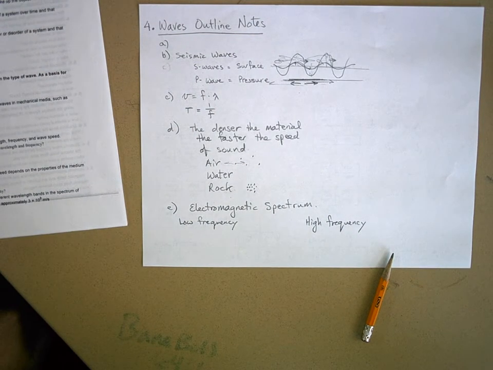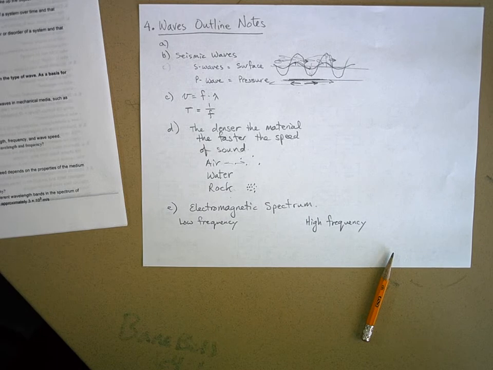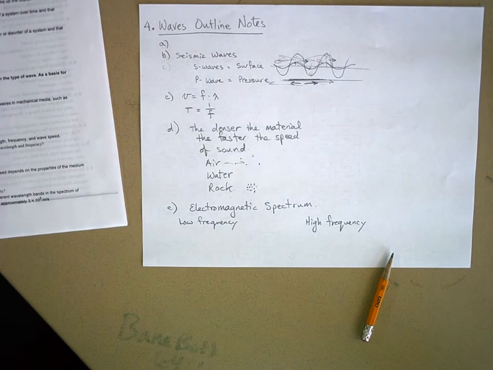Gamma rays are almost like little particles of pure energy. And if they go into your body, they have so much energy they can actually break apart your DNA molecules. And you can get cancer or mutations, or your children will have 4 eyes or something like that. Or 3 arms. I mean, it's bad stuff.